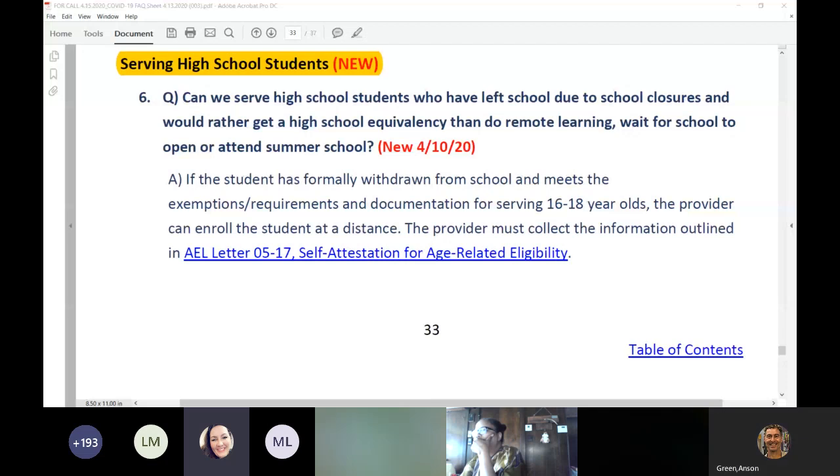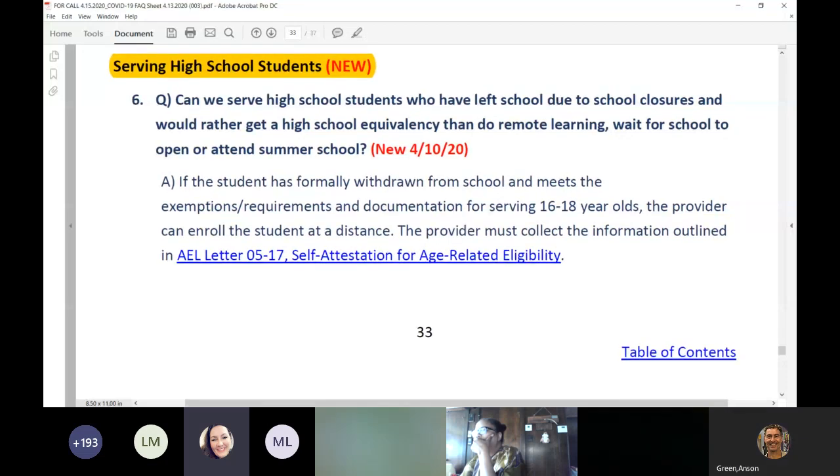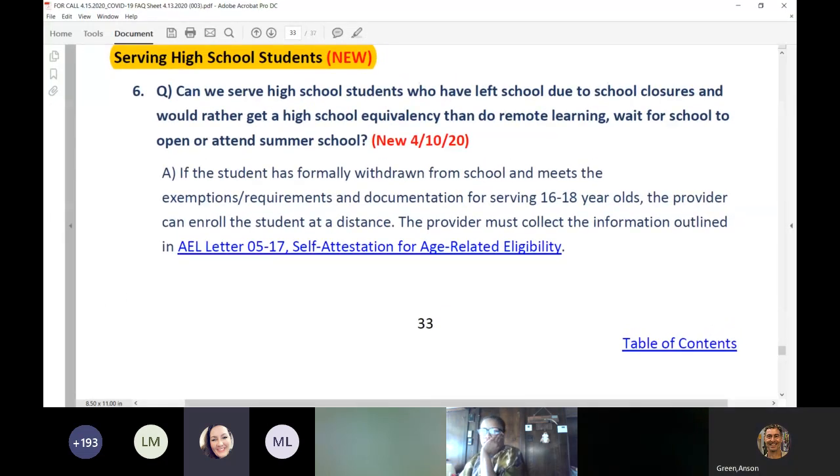You always want to make sure the student does not intend to go back to school, because the local school districts will work through their withdrawal, and the student needs to formally recognize that with their local school district and follow whatever that process is, so that the district knows they are officially withdrawing. But in terms of receiving services from us, that can go through the process outlined in 0517.